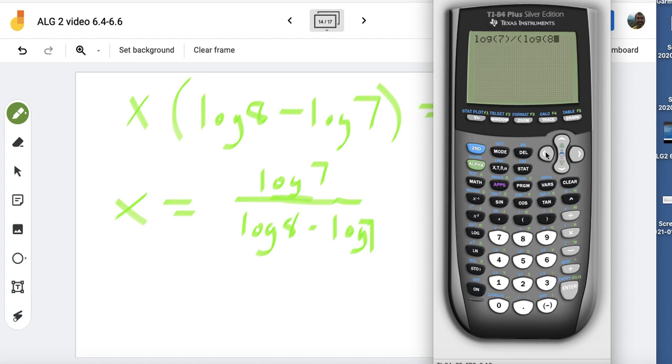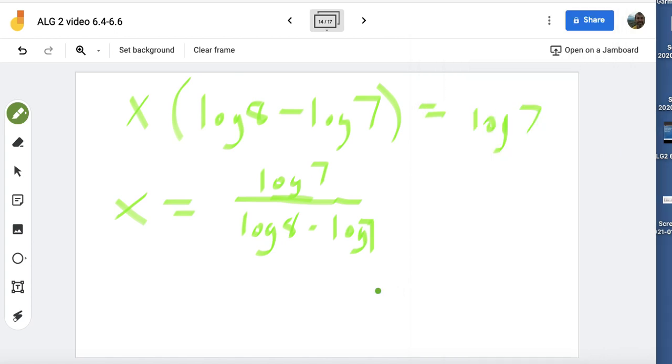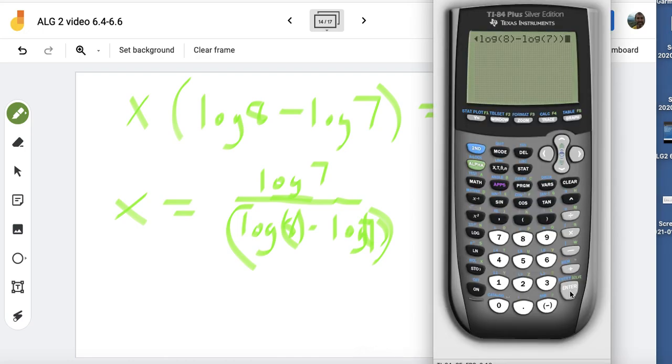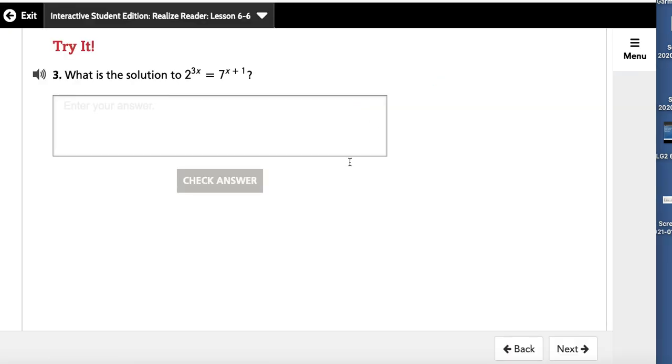I need to end the parentheses, but now I'm realizing I already have the parentheses there. So that's definitely log of 8. I want to subtract log of 7, and I want to end that parentheses, but then I got to end the whole parentheses. I had this beginning one, and then we had this in here, and then we had the one around the 7, so I had to put double parentheses there to show the last one. I think that's going to be it. Let's see what we get. 14.57, so x is approximately 14.57.